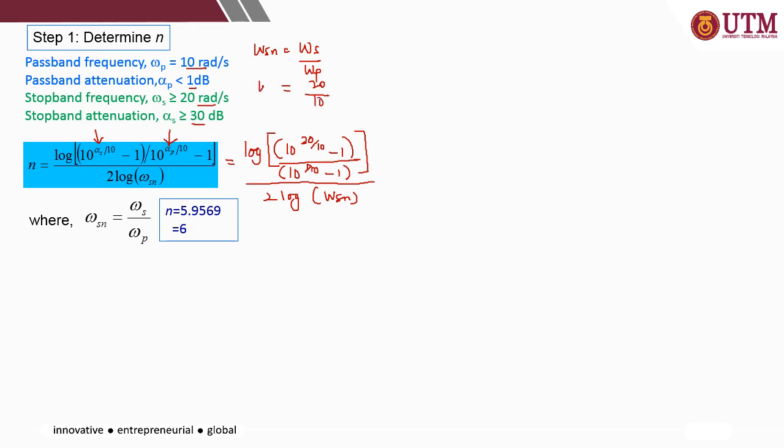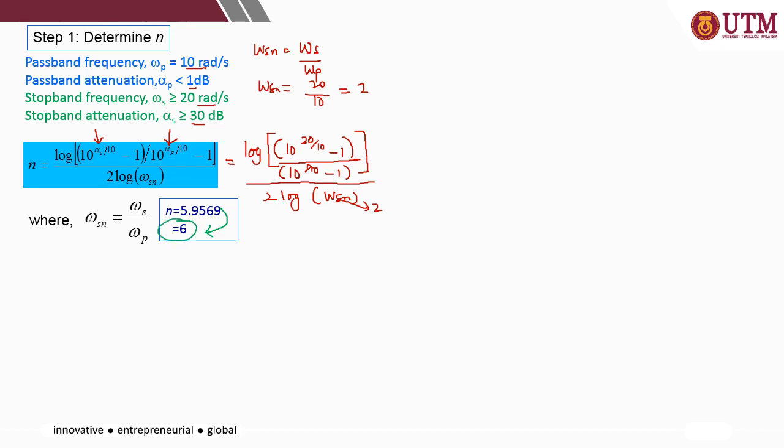So omega Sn is equal to 2, right? After the calculation, you will get n equal to 5.9569, in which case you need to round this up to the next higher whole number. So basically n is equal to 6.